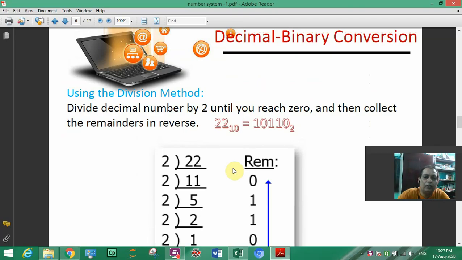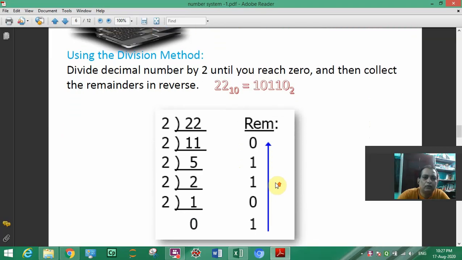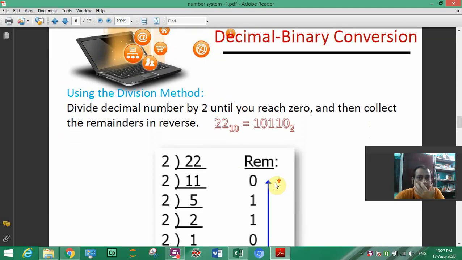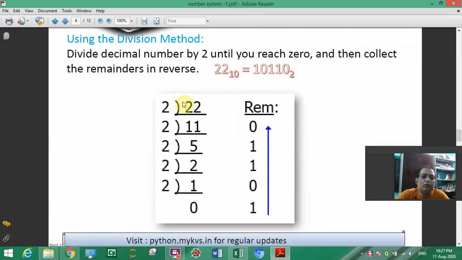Next I will tell you how to convert a decimal number into a binary number. It is very simple. You can see here 22 is our number, and we have to find the binary of this 22.